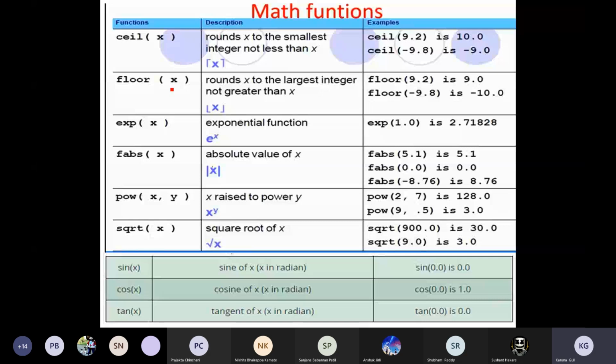Whatever I've given on the left hand side, we can use directly inside our program. You have to remember these mathematical functions because you will be given a mathematical expression that has to be converted into a C expression before we proceed with writing the program.